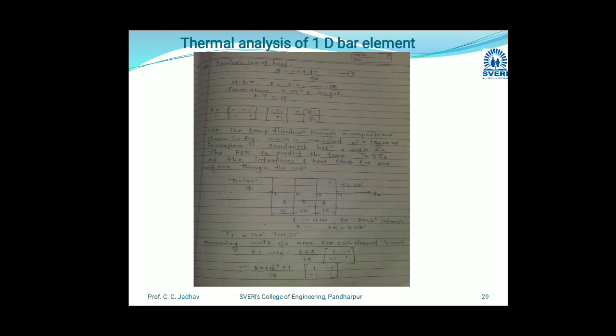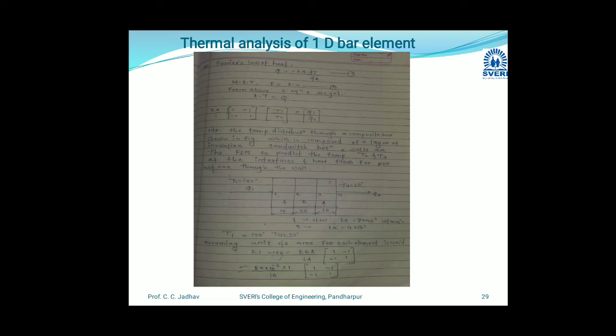Consider the temperature distribution through a composite wall shown in the figure below, which is composed of a layer of insulation sandwiched between two walls. Use the FEM to predict the temperatures T2 and T3 at the interfaces and the heat flow per unit area through the wall.